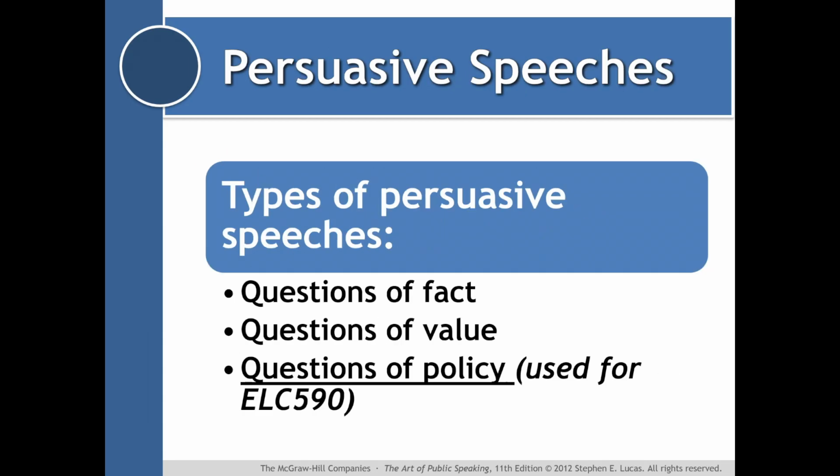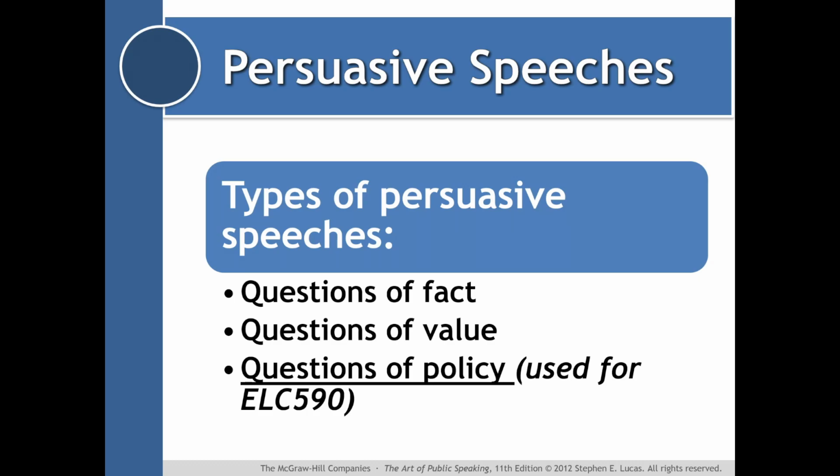Right, there are several types of persuasive speech: questions of fact, questions of value, and questions of policy. Question of fact means that there is a fact that you want to argue about, whether it is okay or not okay. Questions of value: is it valuable or not?